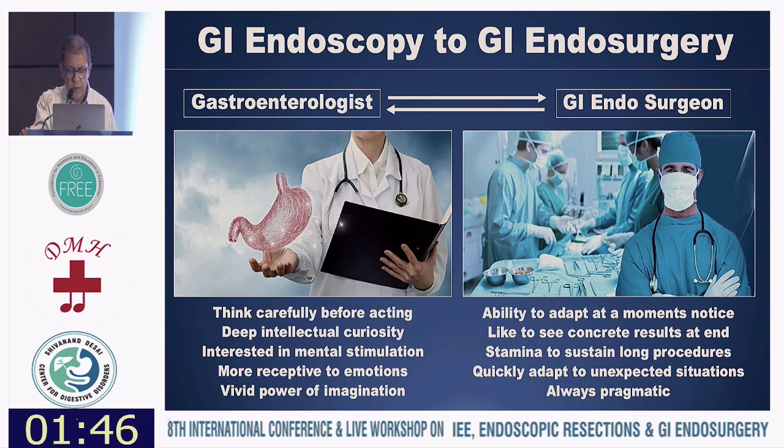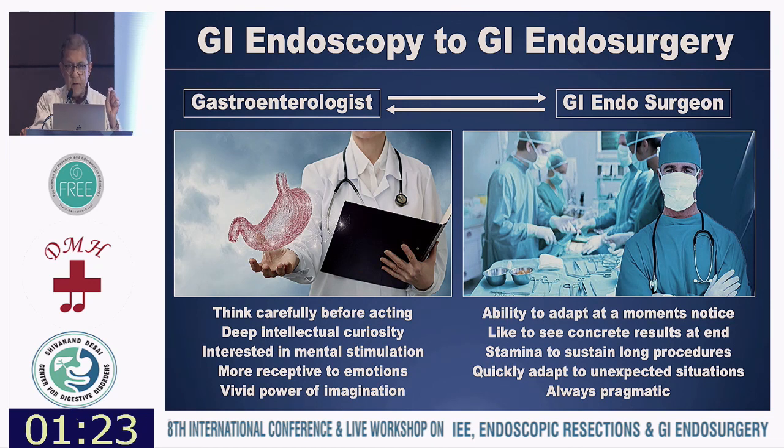The surgeon's qualities are an ability to adapt at a moment's notice. He likes to see concrete results at every step. For example, at every step you take, you have to see a new result. You can't keep on scraping the surface. You have to go one step ahead. Third is a stamina to sustain long procedures, quickly adapt to unexpected situations, and always pragmatic.